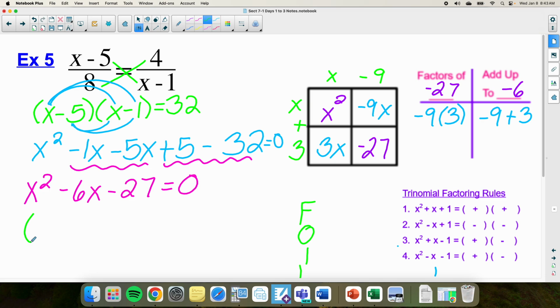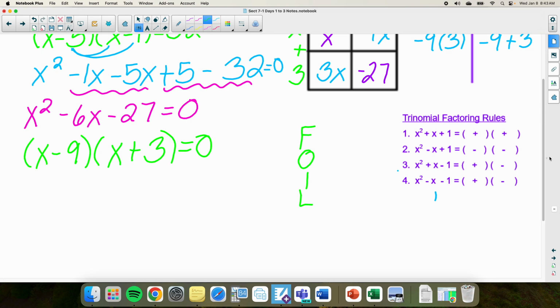So now one of my factors is x minus 9, one is x plus 3, and that equals 0. And then when you go to do your actual answer, x is the opposite of each of these, so it's 9 and a negative 3.